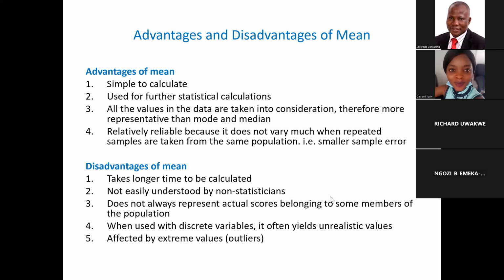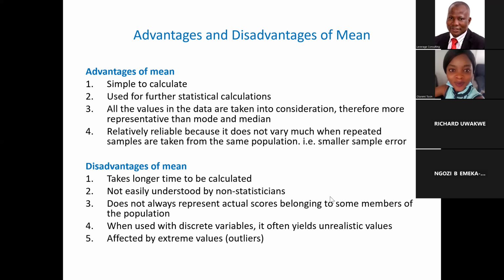I've already told you the summary of sample characteristics is a statistic. So the mean weight from your sample is a statistic, but the mean weight in the population is a parameter. You are actually interested in the parameter, but what you get from the sample is the statistic, an estimate.